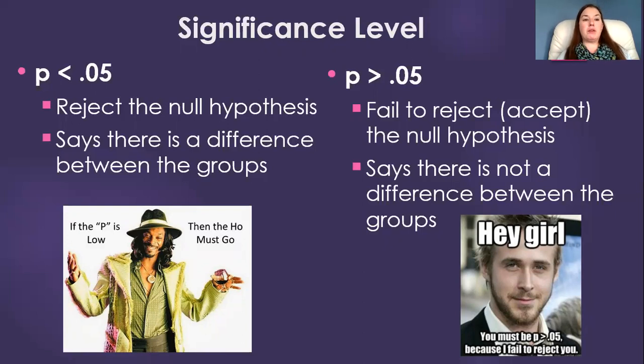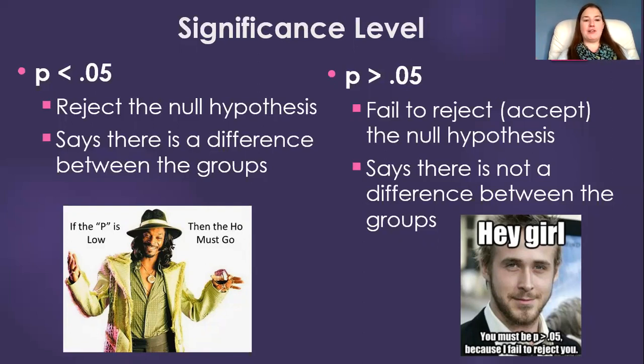So if you have a p-value that's less than 0.05, that's this first one on the left, then we reject the null hypothesis and say that there is a difference between groups. And I know you've seen several other times through the semester so far, there are way too many nerdy stats professors making silly memes on Twitter that I follow shamelessly.